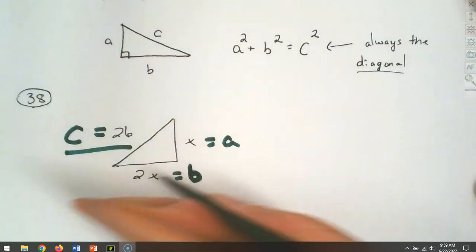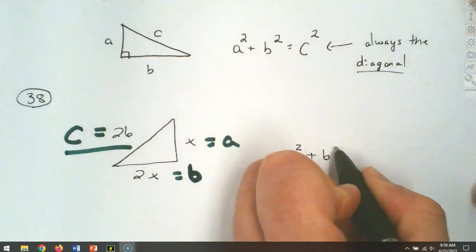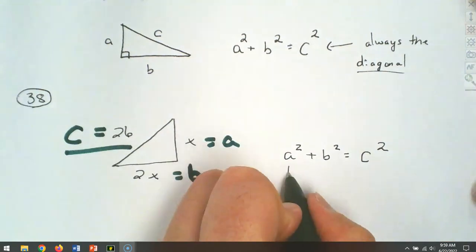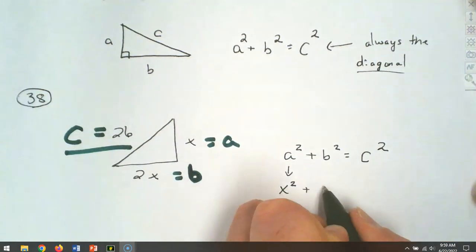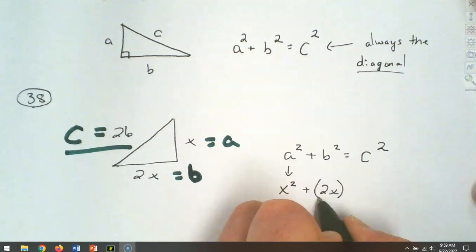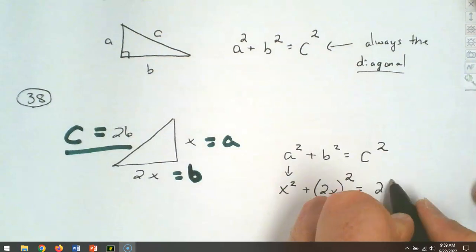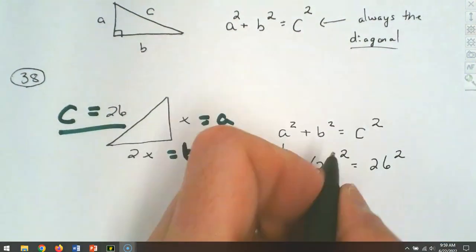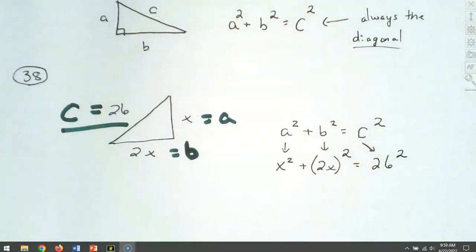And now we've got A squared plus B squared equals C squared, and that is X squared plus 2X, use parentheses here, quantity squared, and that's going to then equal 26 squared. So put all the pieces in, the A, the B, and the C, and now we'll clean it up.